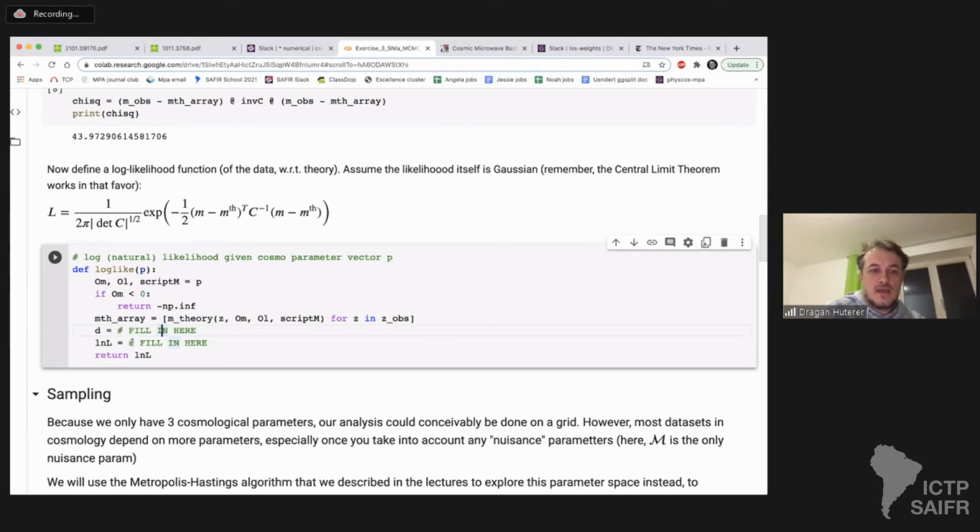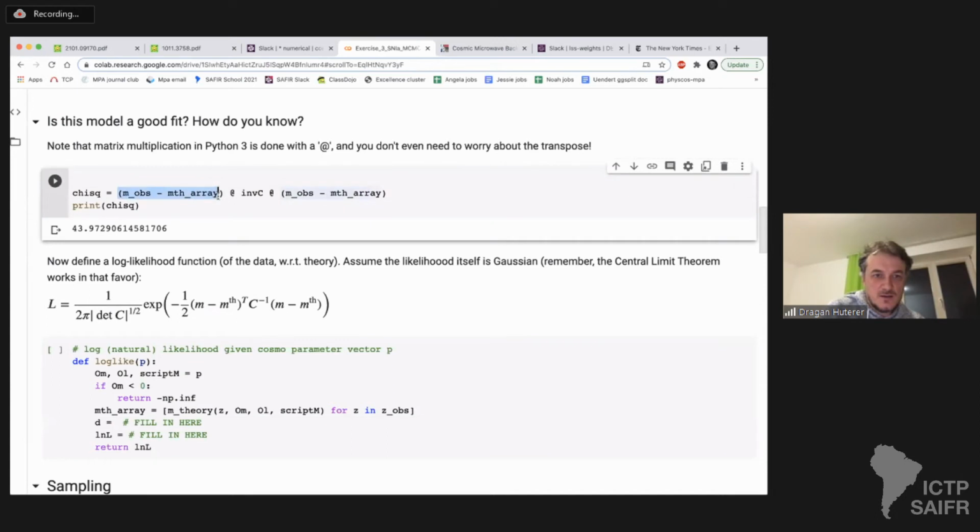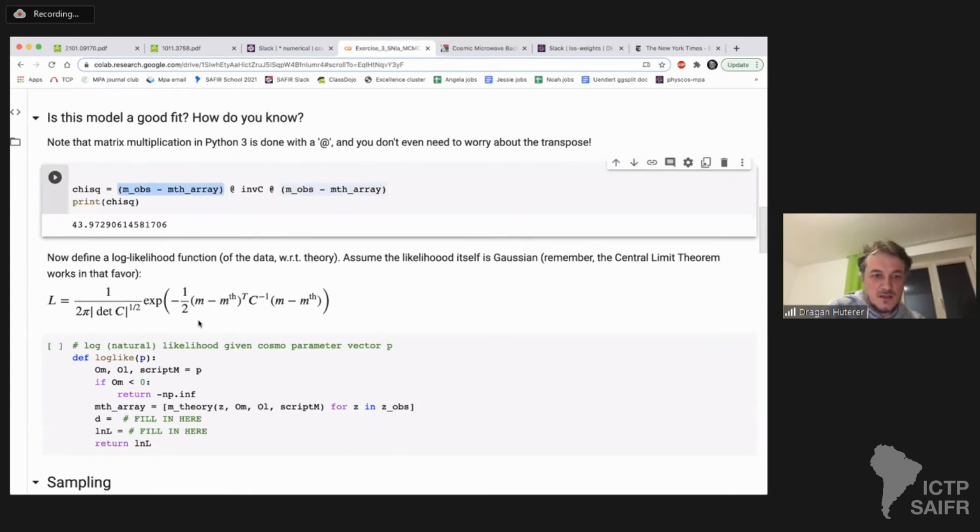Well, ln of that likelihood, first of all, d is going to be m minus m transpose. So d is going to be the same thing I had here, actually. This is going to be my d, right?